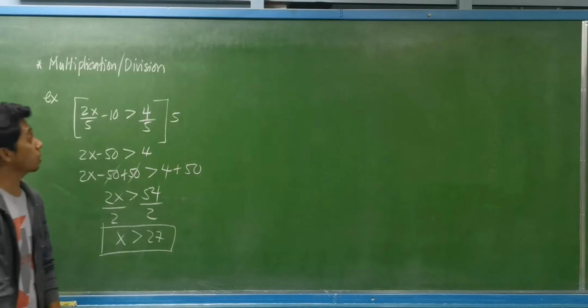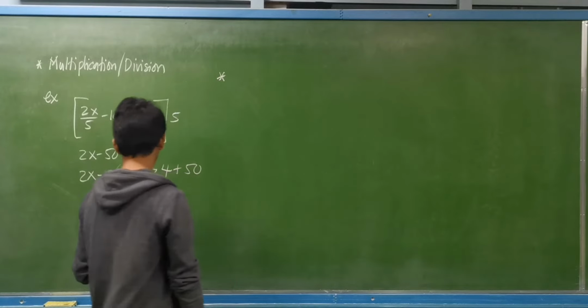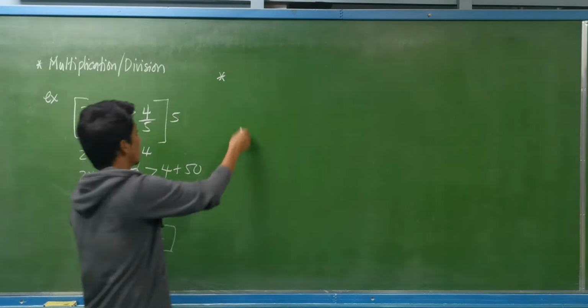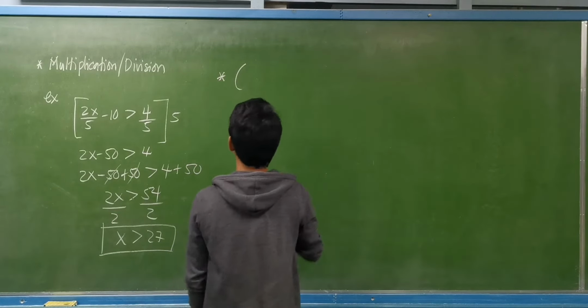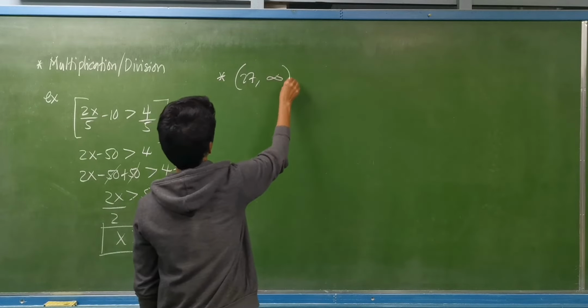So how do we express our solution set in interval notation? That is x greater than 27. So we are using parentheses. This is 27 up to positive infinity.